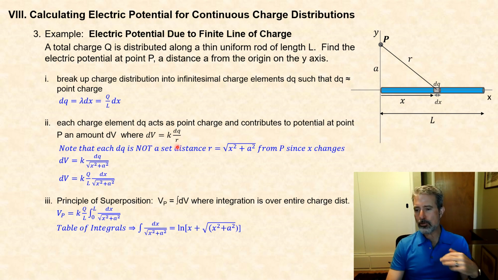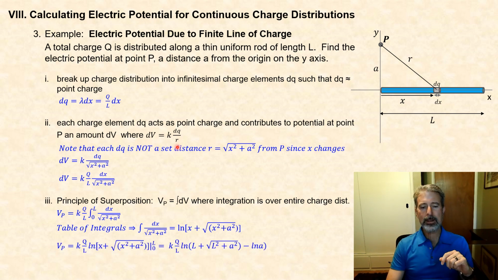And when you do so, you find that it can be expressed as a natural log of these two terms here. And when we substitute in our limits of integration, we're going to go from this end of the charge distribution, x equals 0, to the other end, x equals L. And when we do so, we end up with this expression here.